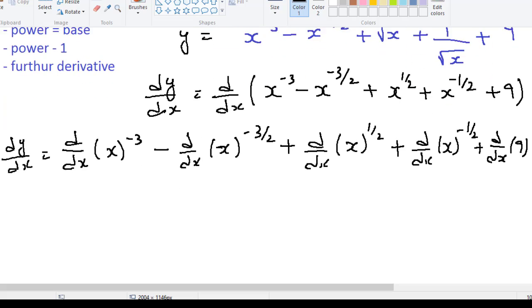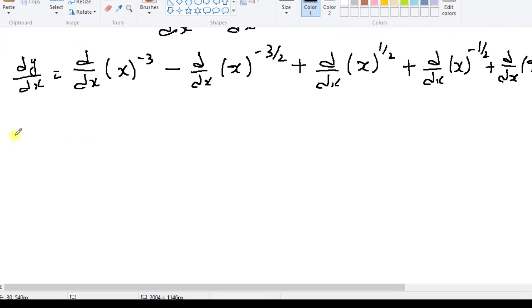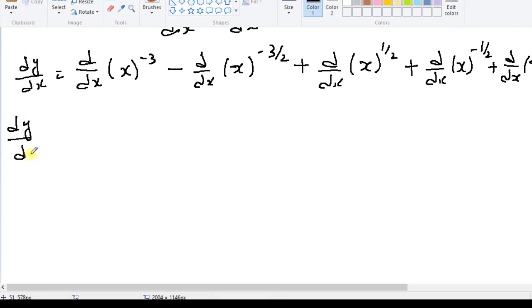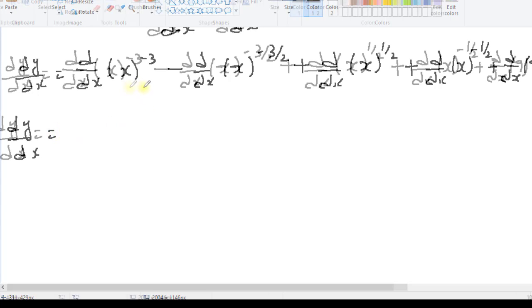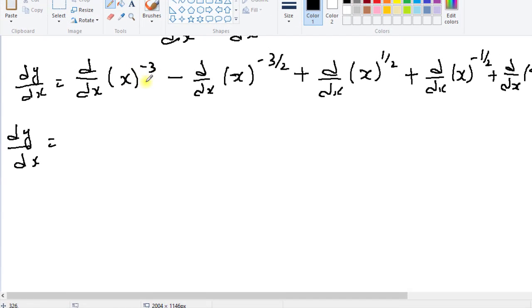And now we will apply the power rule. dy by dx is equal to, the power rule says to change the power into base, so the power is minus 3, I have changed it into base, and then subtract 1 from the power. If I subtract 1 from the power, minus 3 minus 1, it becomes minus 4, and then take the further derivative, okay.